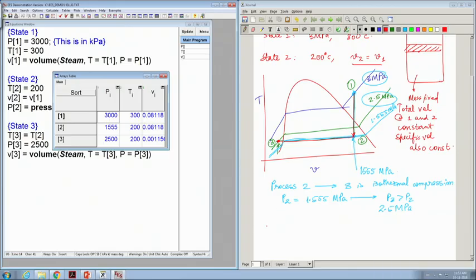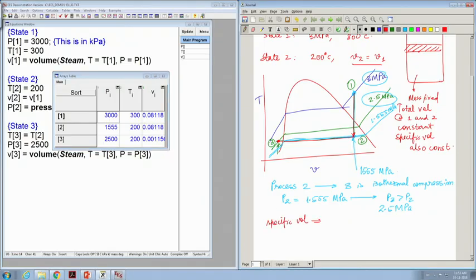So, the specific volume does indicate that point 3 is in subcooled liquid, which we have already guessed because point 2 was at 1.555. If we fix the temperature, we cannot go to a higher pressure unless we go to a subcooled region.